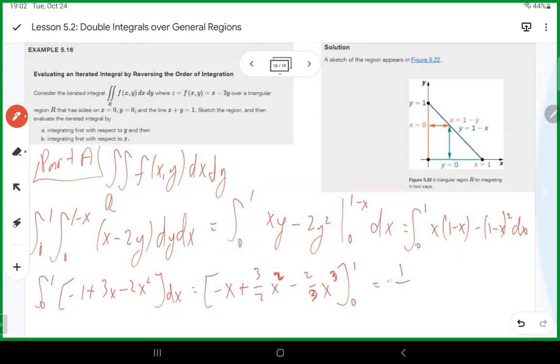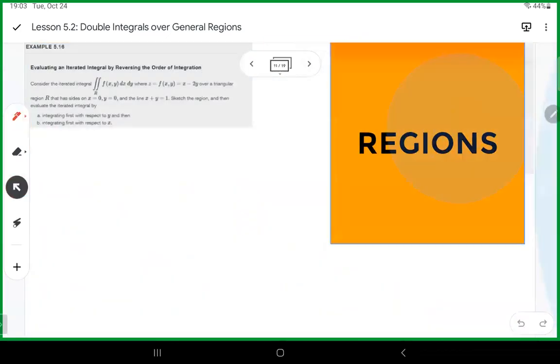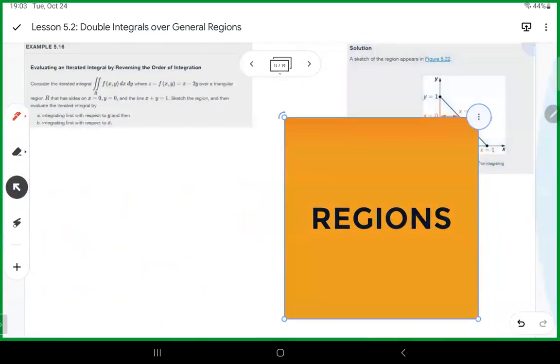So you end up with negative 1/6. That part is a little bit nice. We like that answer. That's a nice common answer. All right, now we're going to integrate with respect to x first, and I bet you won't be able to guess what that answer will be.